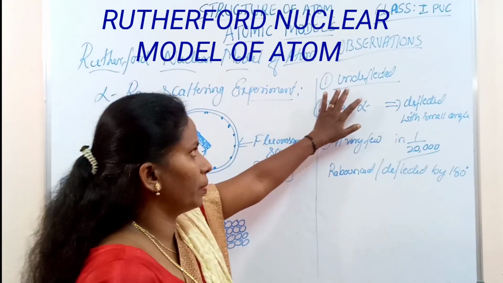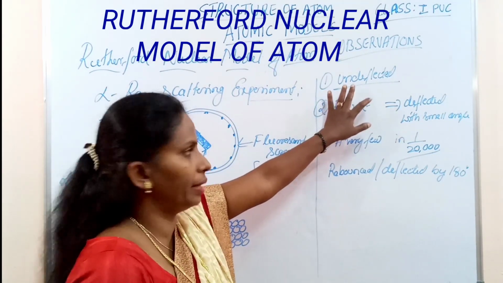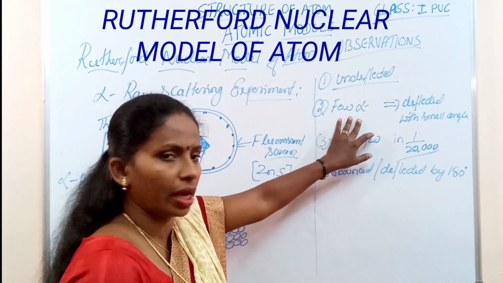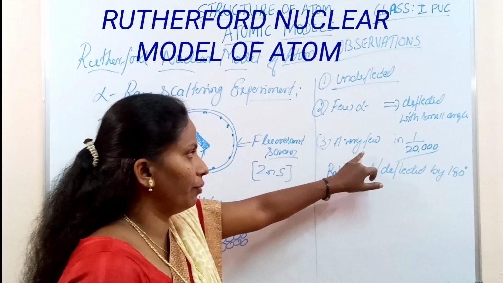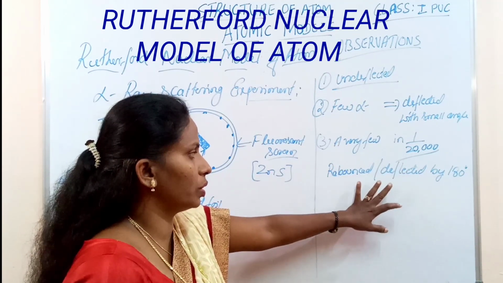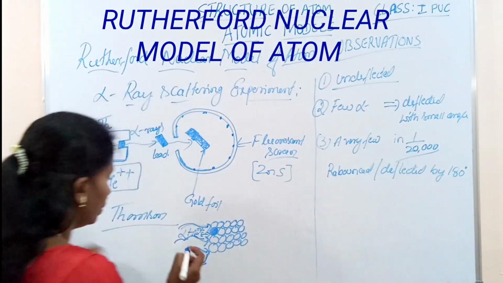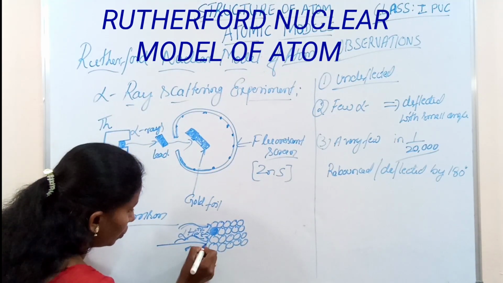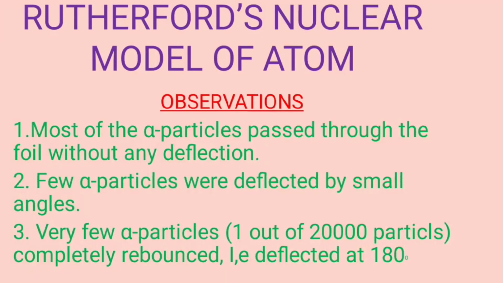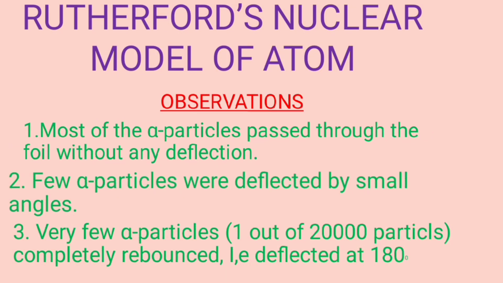Most of the alpha particles passed through the gold foil without deflection. A few were deflected with a small angle, and a very few, 1 in 20,000, rebounded, deflected by an angle of 180 degrees. Okay, so these are important observations.